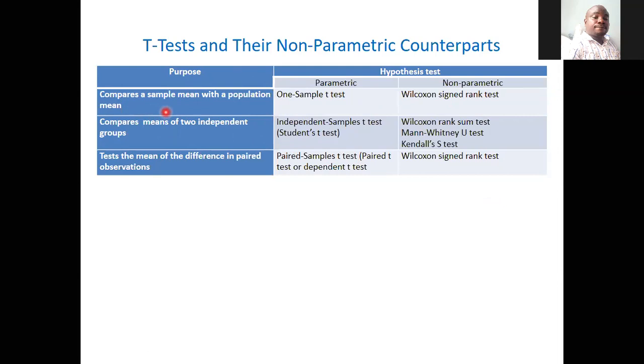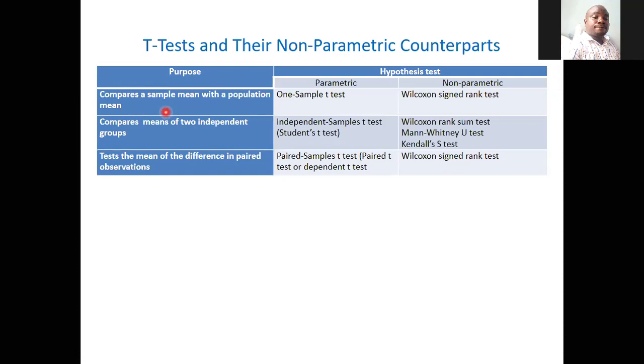Or you want to compare the mean in your sample with a mean in another population. It may be the same population, it may be another population. Whichever way, you are comparing a sample mean with a population mean. That is one sample because you are dealing with one sample.